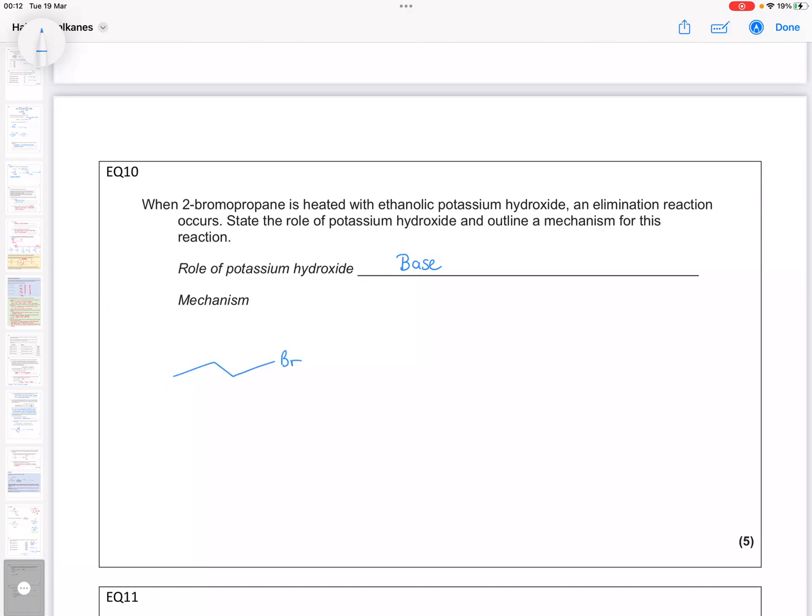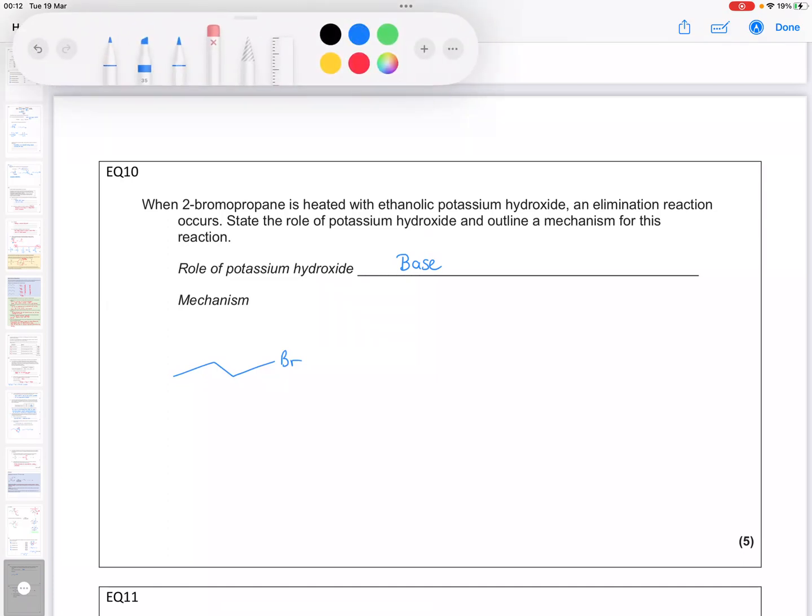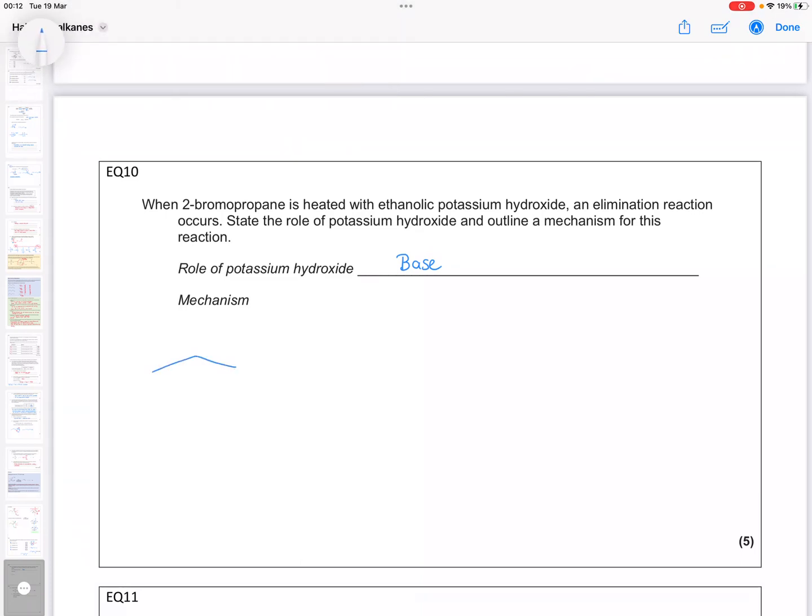Oh, hang on a minute, I've done the same thing again as before. I've done 1-bromopropane, 2-bromopropane, and the OH minus is going to attack. It doesn't really matter in this instance which side it comes at, because this is actually symmetrical. So those are our 3 arrows.